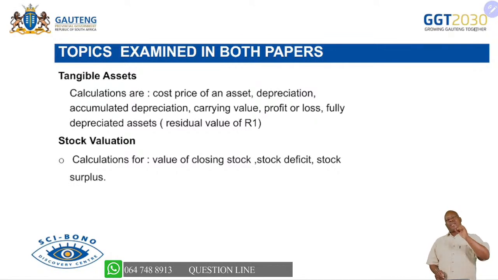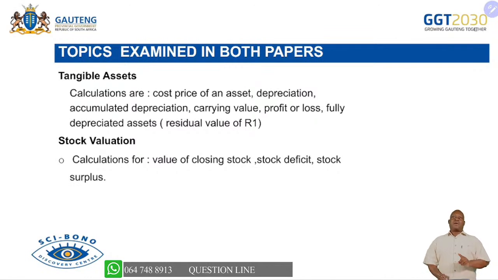And why is it that we need the closing stock? It's going to help us to look into things such as if there is any trading stock deficit, or if there are some losses surrounding the issue of stock. So you are going to see that we are going to look into the calculation of the closing stock, and then the stock deficit, and then stock surplus if it's there.